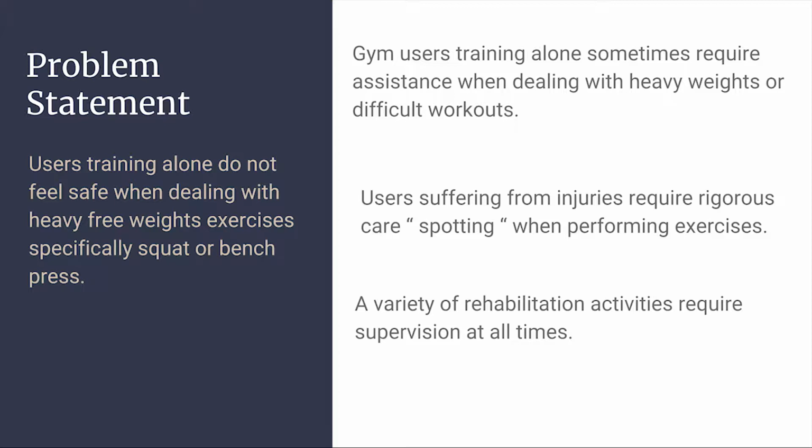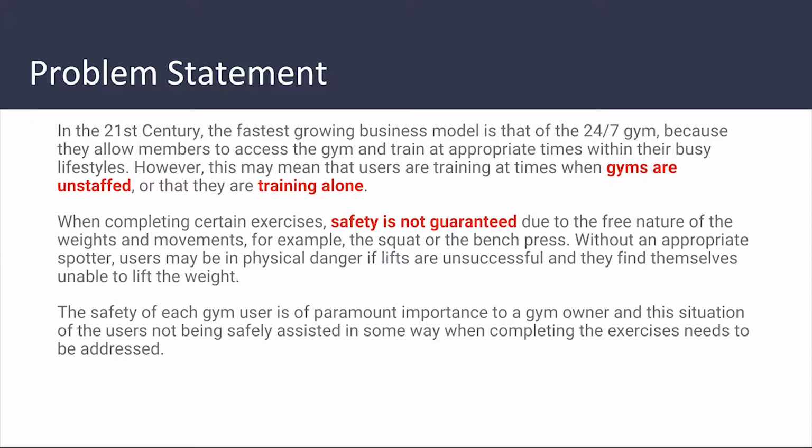We understood that gym users who were training alone with hardly any to no supervision, such as in 24/7 gyms, don't feel safe and find difficulty in lifting heavy free weights, specifically in the squat and bench press exercises.